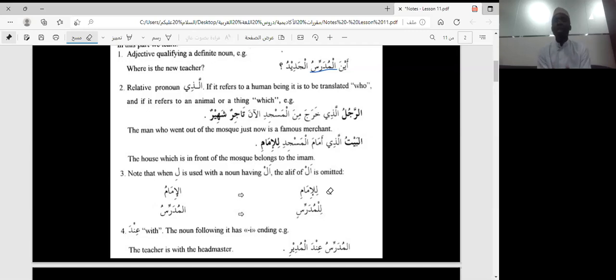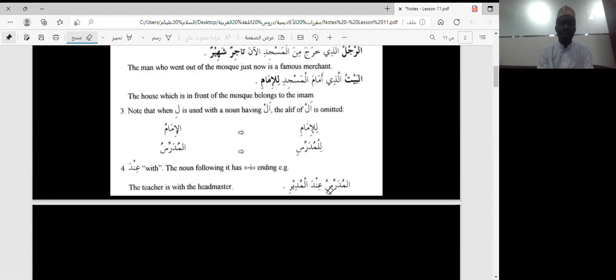So allati in that context means who. When you say as-sayyaratu allati ishtaraytuha, the car which I bought, because sayyara is a thing, it's not a human being, so you cannot say who. So we have to note that as well.